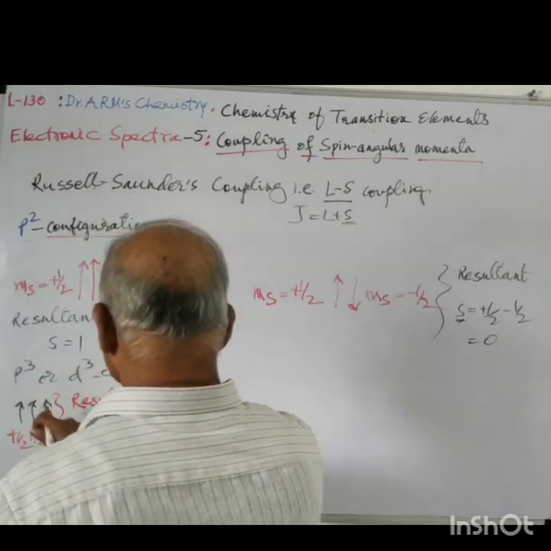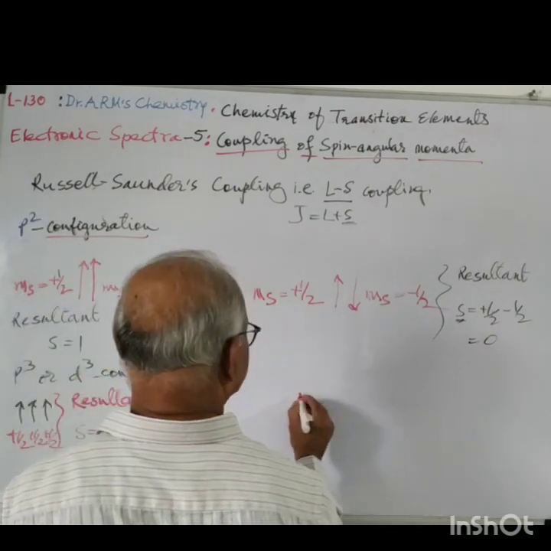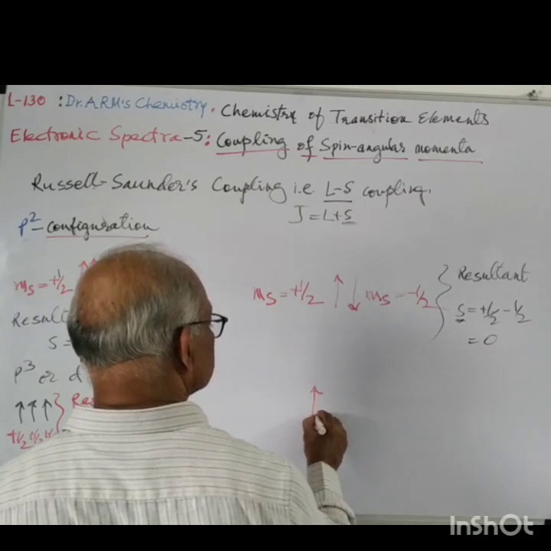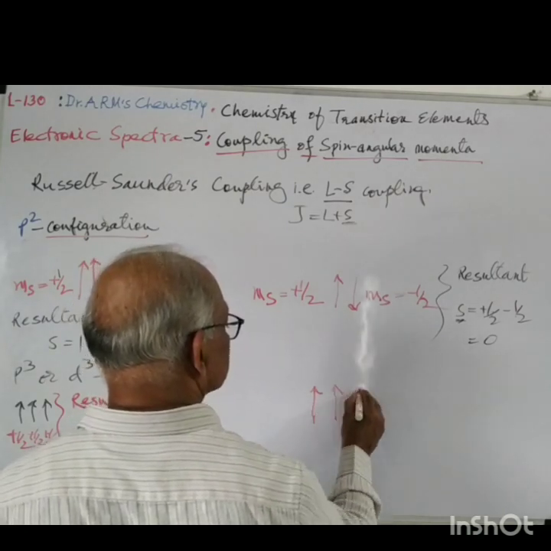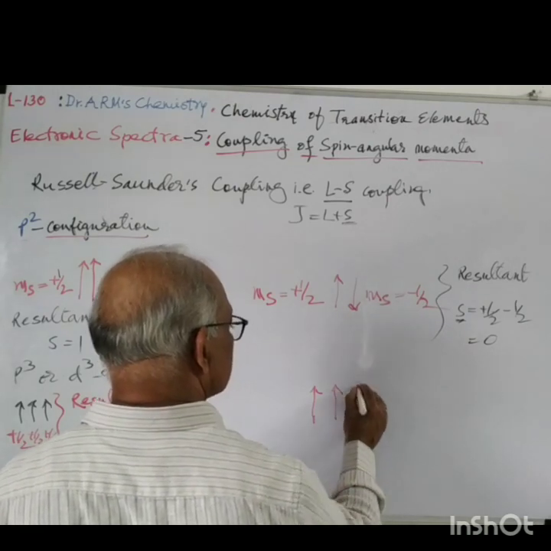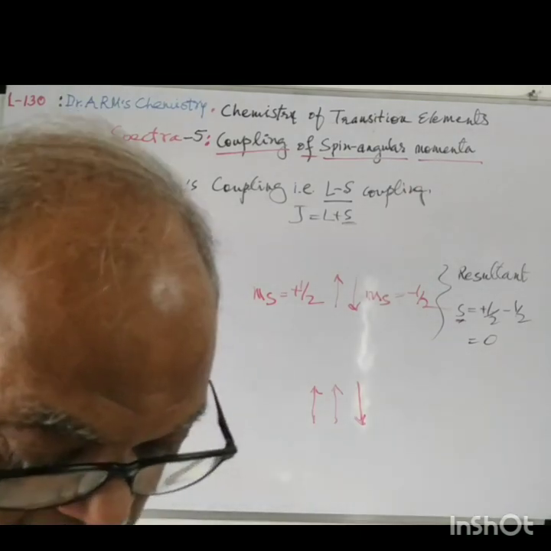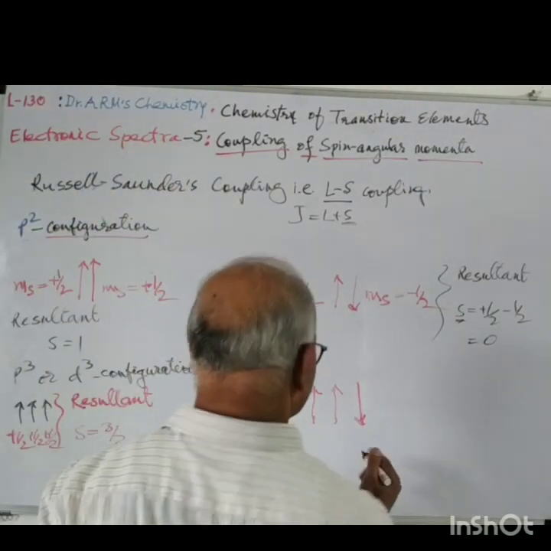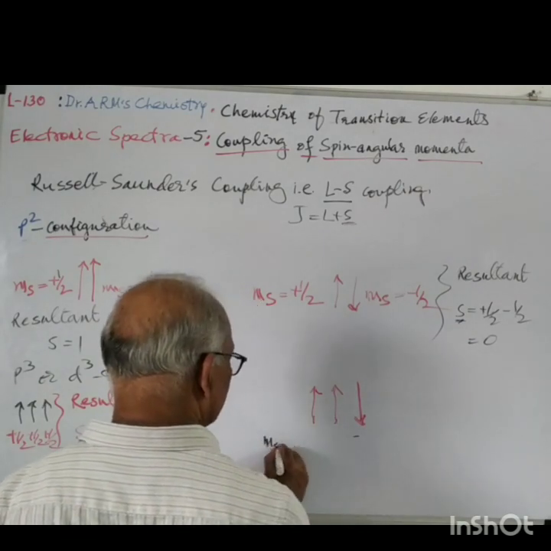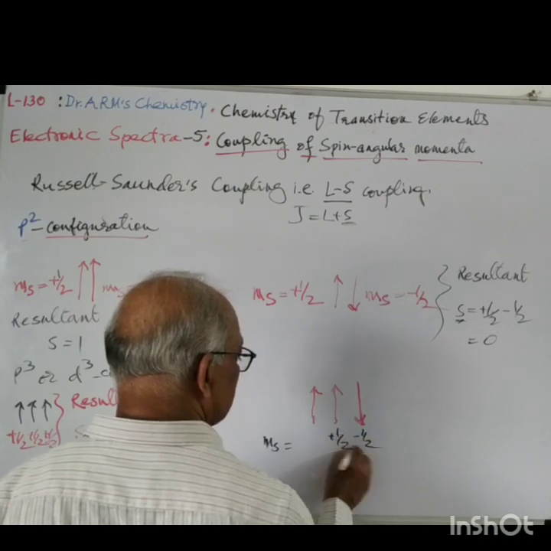And when an electron is with opposite spin, then we can have a possibility like this. There is 1 electron with ms value minus 1/2. This has plus 1/2.